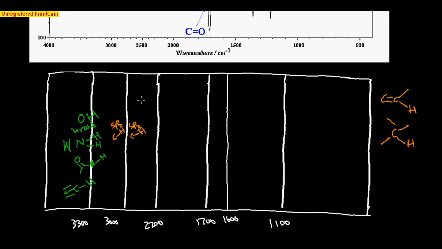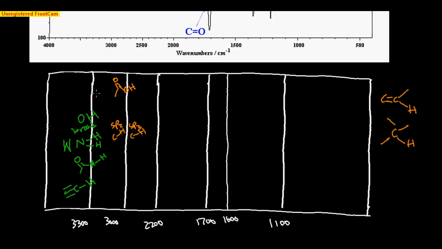You also, at 3000, have your acid stretch. Carboxylic acid will show up around here, and also many times will be kind of a broad appearance. Okay, let's go over to the 2200.